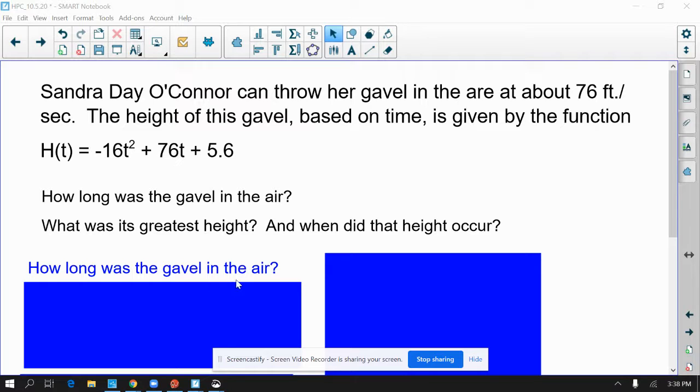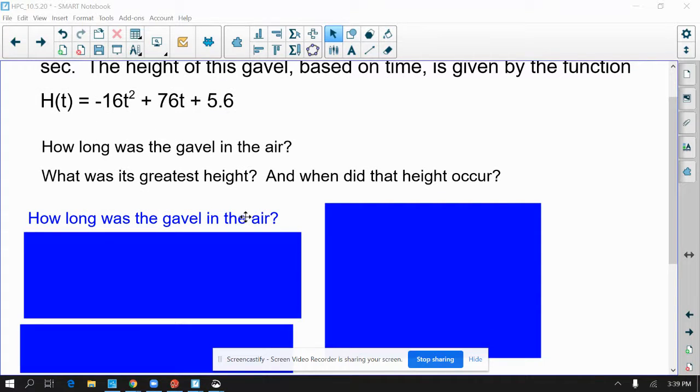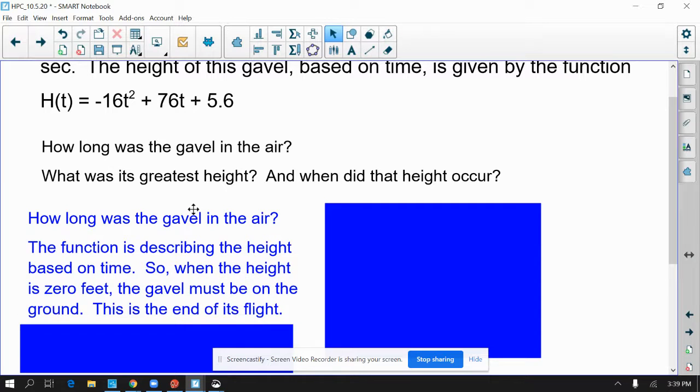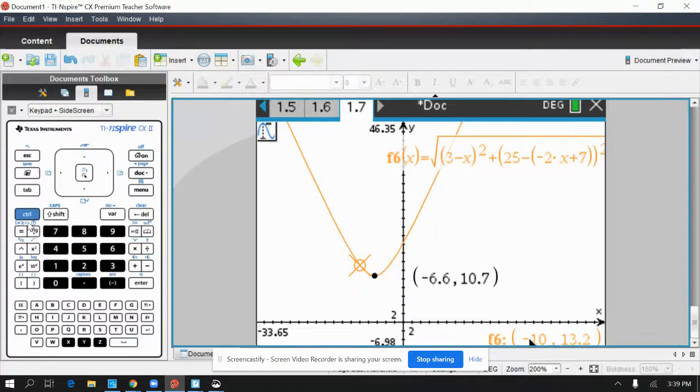Well, how long was the gavel in the air? Well, the gavel is in the air until it's on the ground, right? If the gavel is on the ground, then I don't know the time, but I know the height. If the gavel is on the ground, the height is 0. So I'm going to set this equal to 0 and solve. But I'm not really going to do any math. I'm going to let my calculator do all the work.